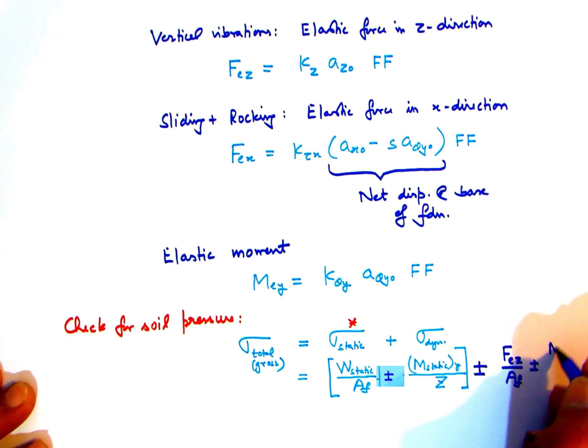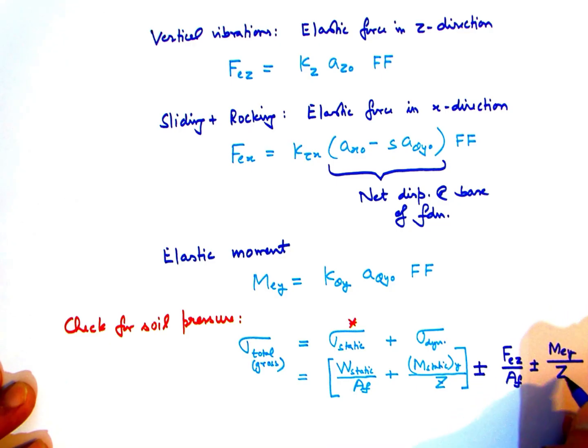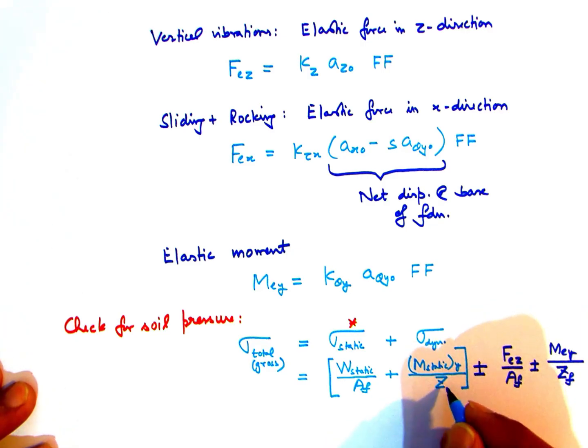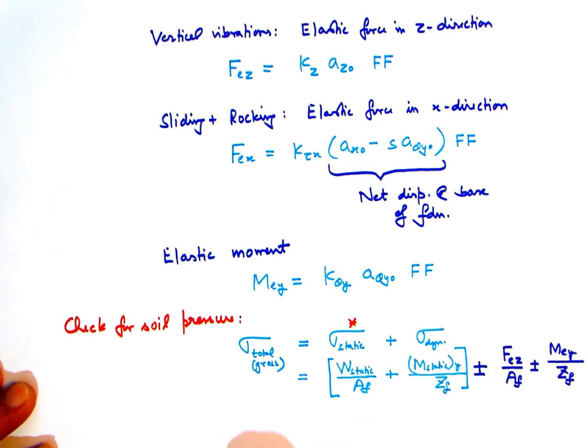So for the vertical force we are dividing by the area of the footing to get pressure, and for the moment part MEY we are again dividing by the section modulus of the base of the footing. For section modulus Z, it's very customary to use the subscript F to highlight that it is for the foundation.